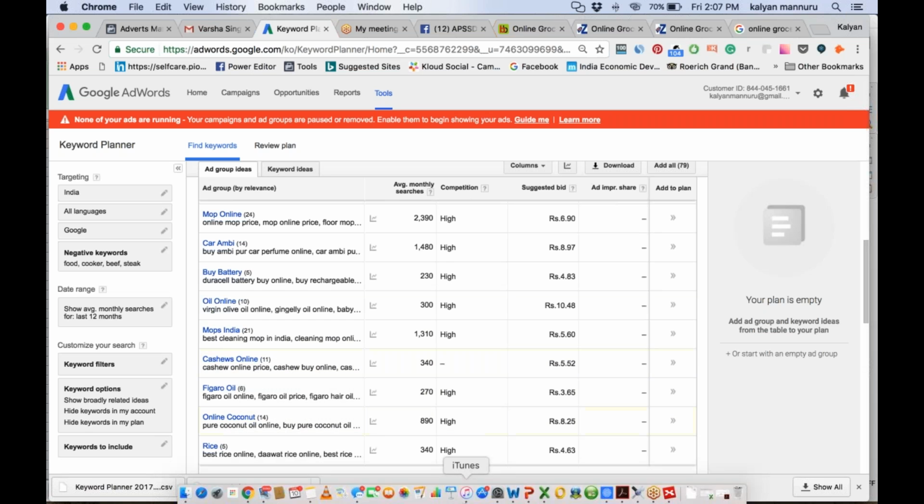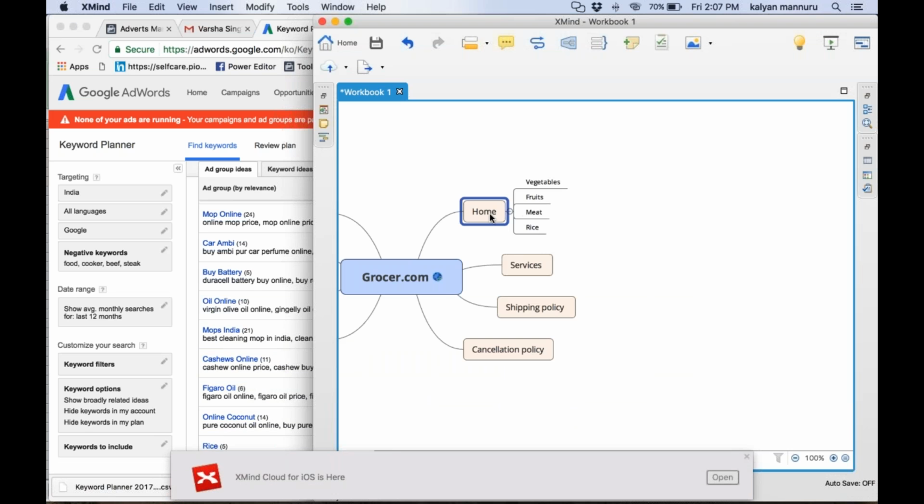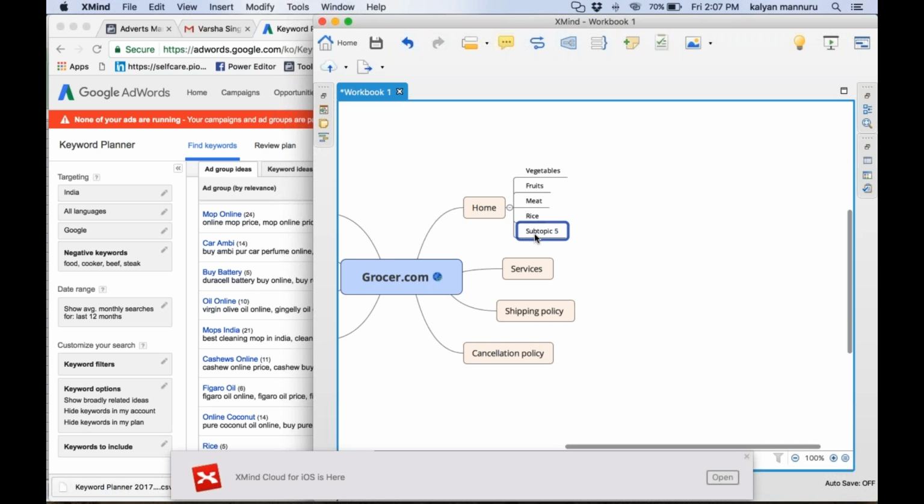So to have a page, I should be pasting this in one of the categories or subcategories. Let's say I have a category called nuts. Nuts is a category. Under nuts you have cashews. Cashews can be a subcategory.